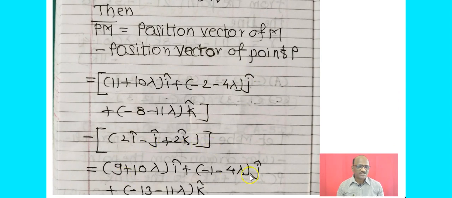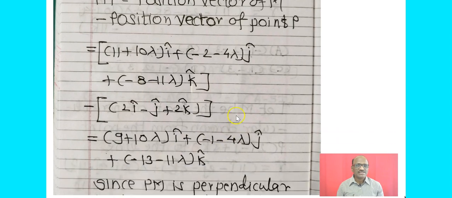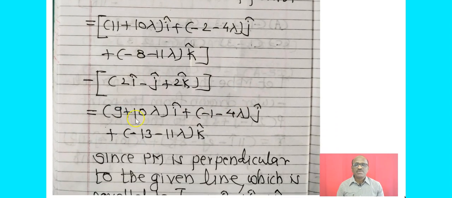After subtraction and collecting the coefficients of i, j, k, you will get (9 plus 10 lambda) i cap plus (minus 1 minus 4 lambda) j minus (13 minus 11 lambda) k.